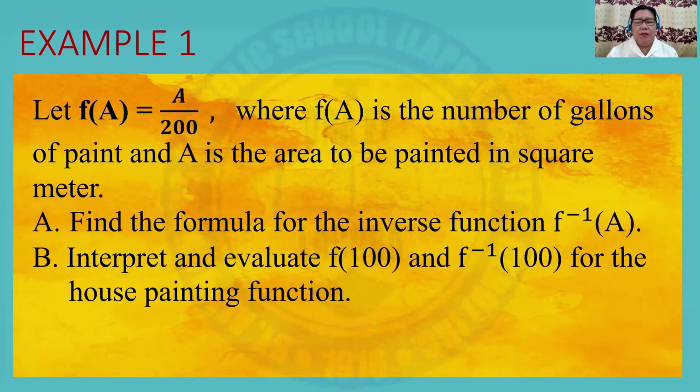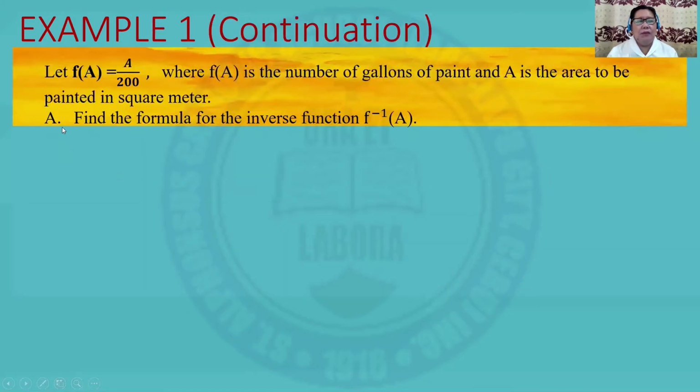Find the formula for the inverse function represented by f to the negative 1 of a, and interpret and evaluate f of 100 and f to the negative 1 of 100 for the house painting function. Let us have the solution of the first problem.